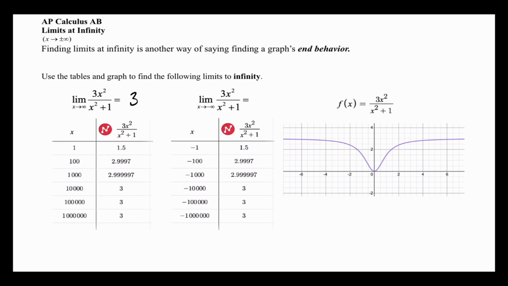Okay, so let's look at the other side. What do you notice about the x values as I go down here? They're getting bigger in the negative direction. In other words, they're getting smaller, right?